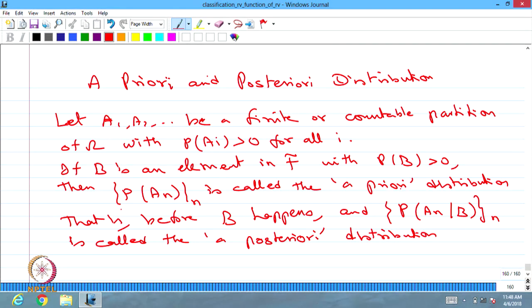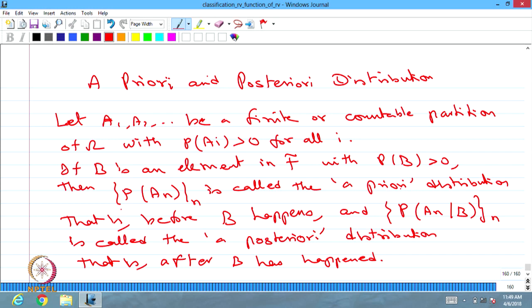The probability of An given B is after B has happened, therefore it is called a posterior distribution. So, this is a very important result on probability, the prior and posterior distribution based on the Bayes rule.